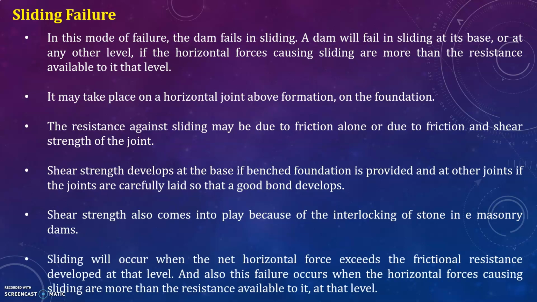Sliding will occur when the net horizontal force exceeds the frictional resistance developed at that level. Also, this failure occurs when the horizontal forces causing sliding are more than the resistance available to it at that level.